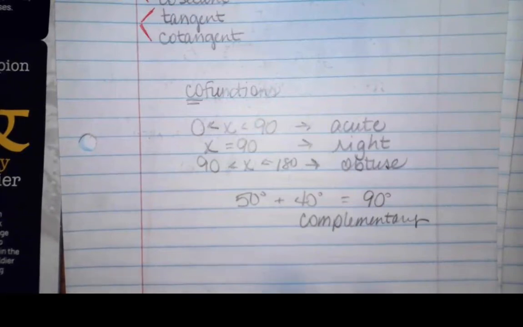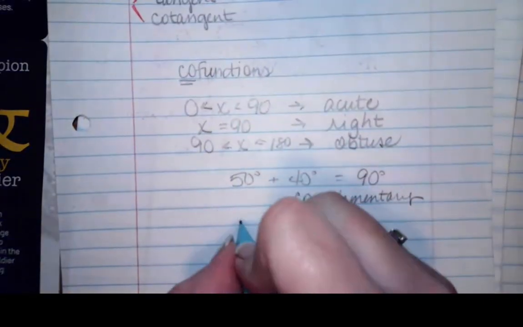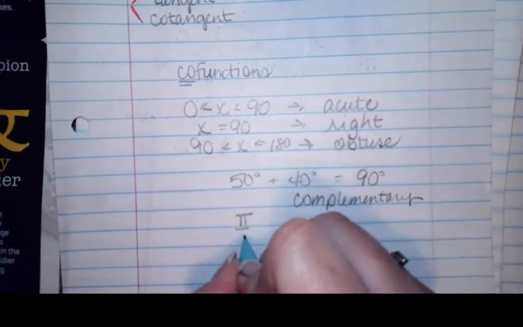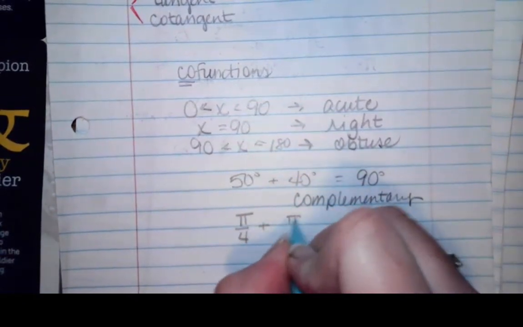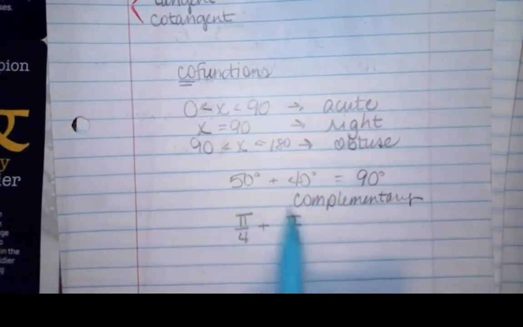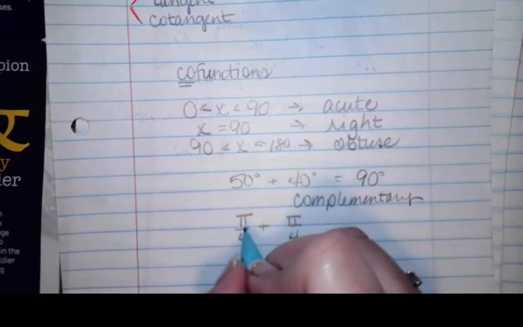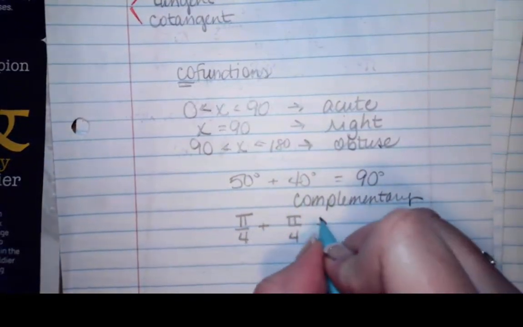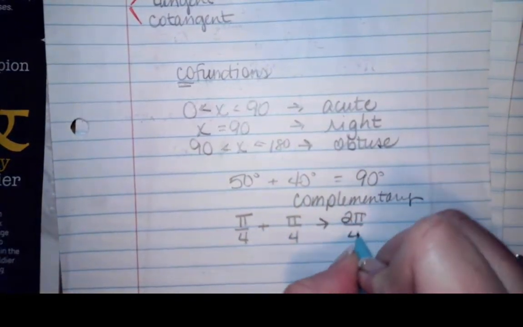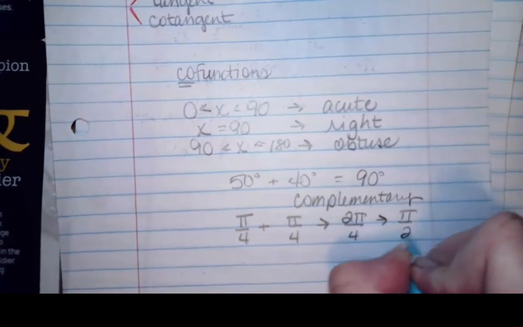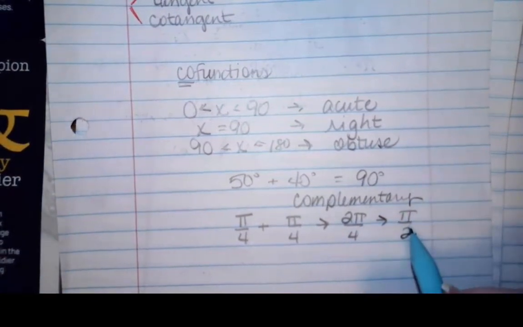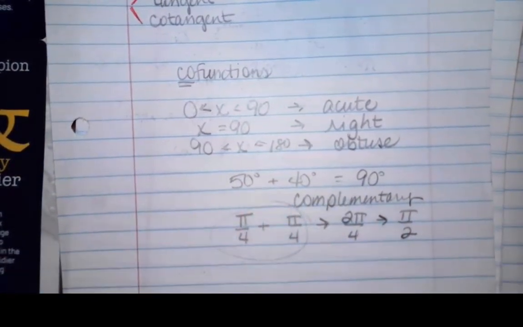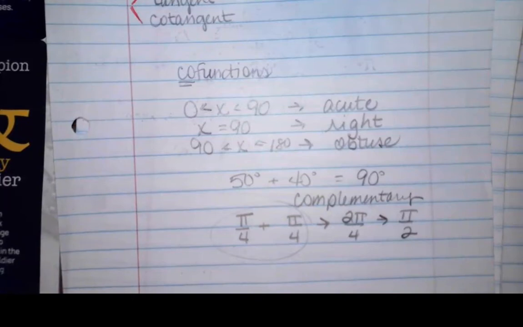So what about in radians? And I'm just going to keep this basic. If I have pi over 4 plus another pi over 4, so remember these are both 45 degrees, 1 pi over 4 plus another pi over 4 is 2 pi's over 4, which is a pi over 2, which is 90 degrees. So these 2 are also complementary.